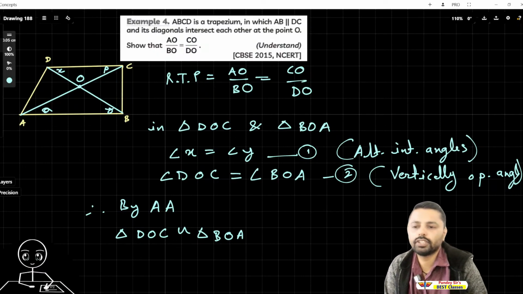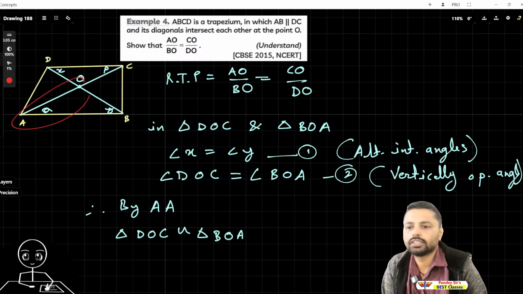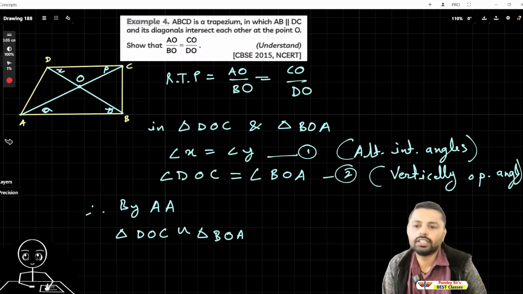So now let's find where is AO. Here is AO, and here is BO. Also, you can say AO by the corresponding side OC. So let's do that first.